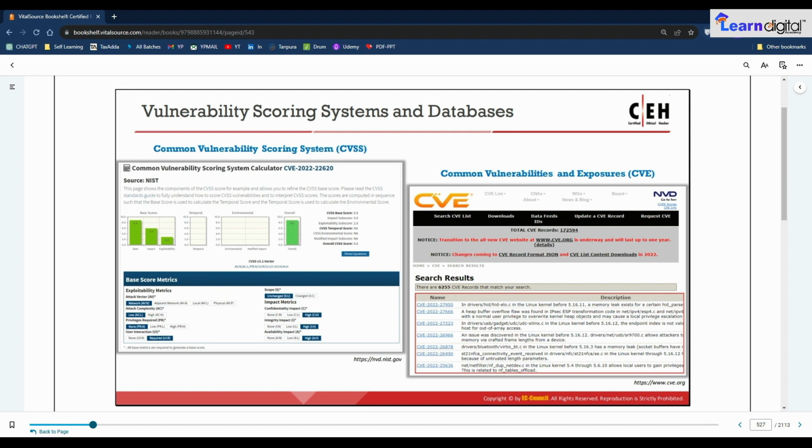Vulnerability scoring systems and vulnerability databases are used by security analysts to rank information system vulnerabilities and to provide a composite score of the overall severity and risk associated with the identified vulnerabilities. A vulnerability database collects and maintains information about various vulnerabilities present in information systems.